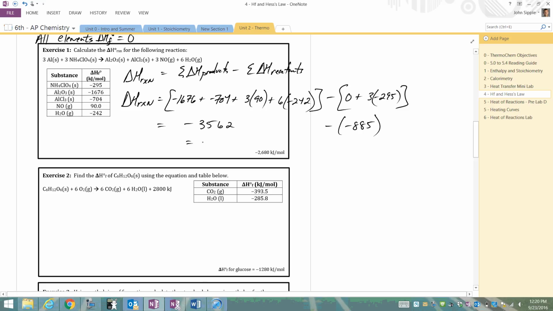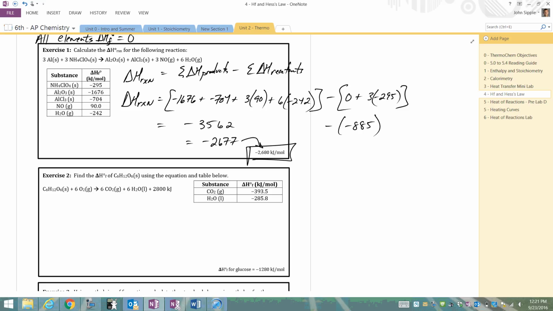Yeah, so I got negative 2,677, which would round to 3 sig figs to our answer right there below, negative 2,680. Any questions about that? Yep. That's the reactant side, so 3 times negative 295. So we just plug that in, that's reactants. I did it in 2 steps, I just added them together just to make sure I'm doing the math right.